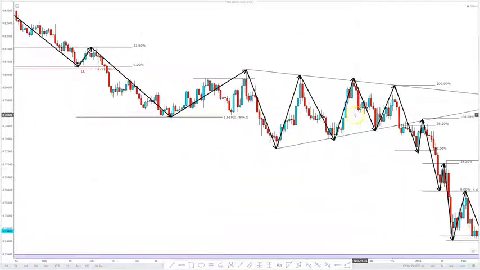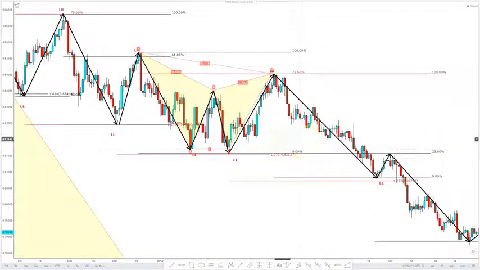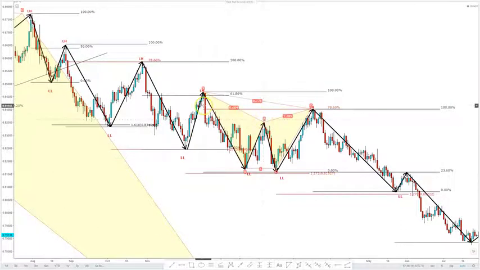For entries and exits, once again, you're looking for trend continuation. First thing you do is you pick your bias. You wait for a retracement against your bias. If you're in a downtrend, you're going to wait for a pullback. If you're in an uptrend, you're going to wait for a pullback. You let it hit one of your Fibonacci numbers, and then you see a rejection, and then you take it off that.